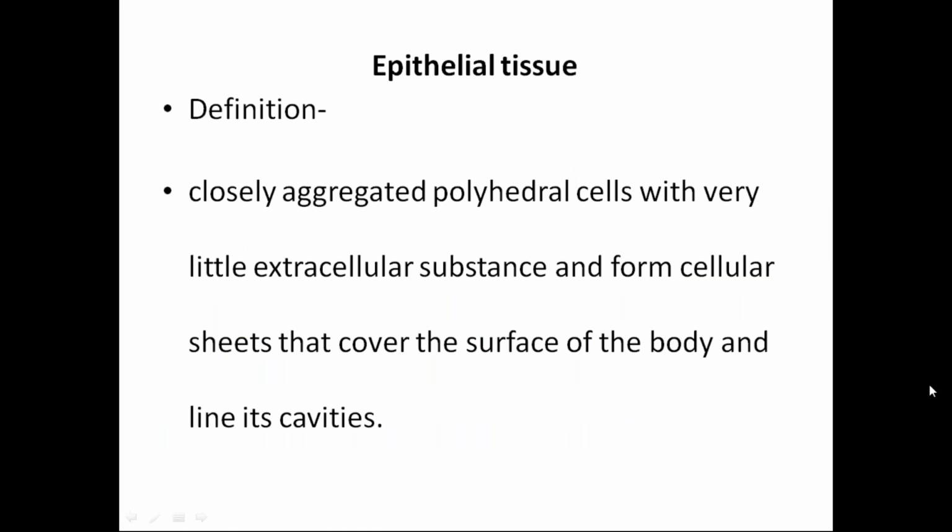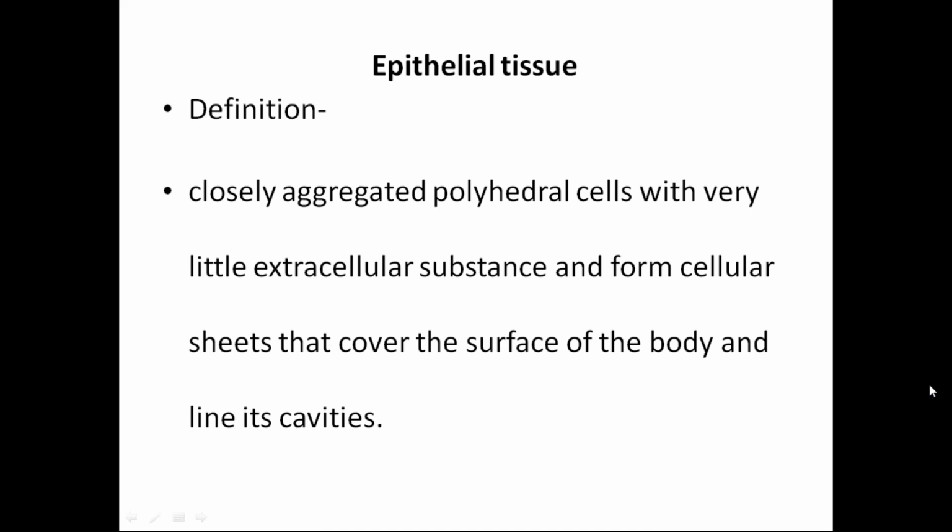So my first objective is the definition of epithelial tissue. So here it's a tissue where closely aggregated polyhedral cells are there with a very little extracellular substance and form a cellular sheet that covers the surface of our body and lines body cavities.